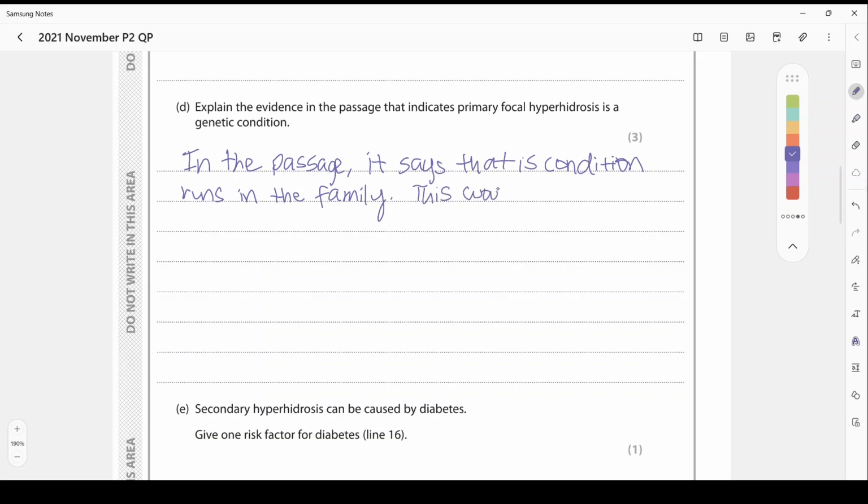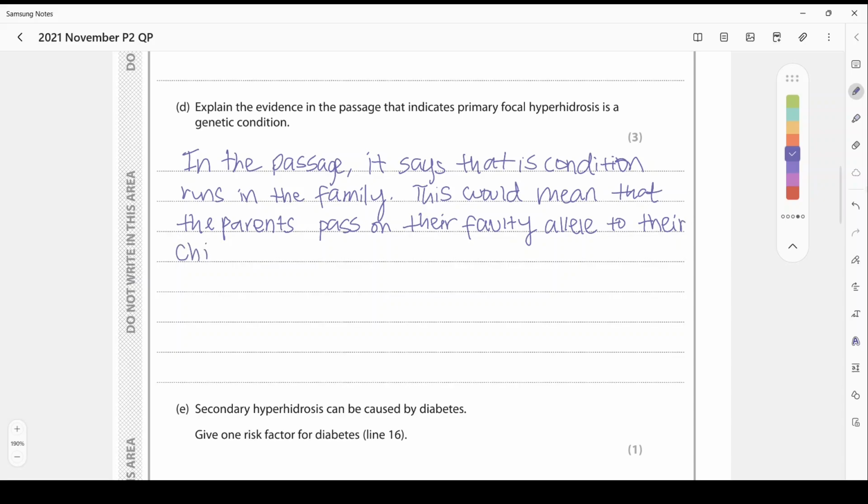This would mean that the parents pass on their faulty allele to their children, or to their offspring.